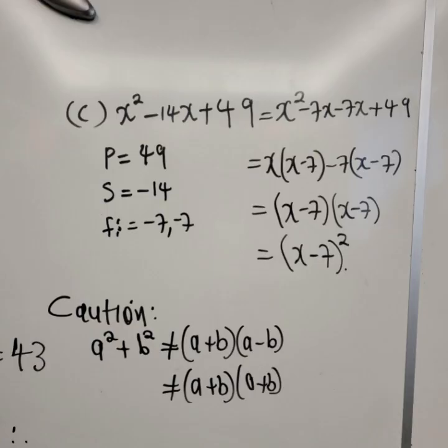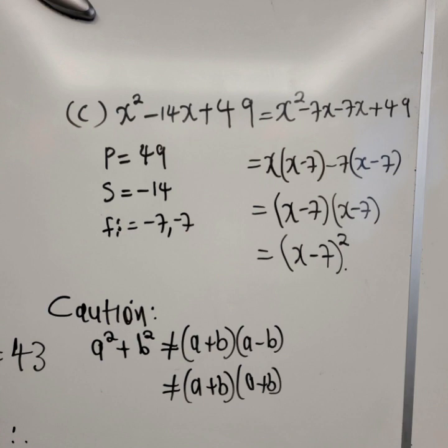So see, we have x squared minus 14x plus 49, right? The product is 49, that is the coefficient of x squared, 1 multiplied by 49, and the sum is negative 14, right?